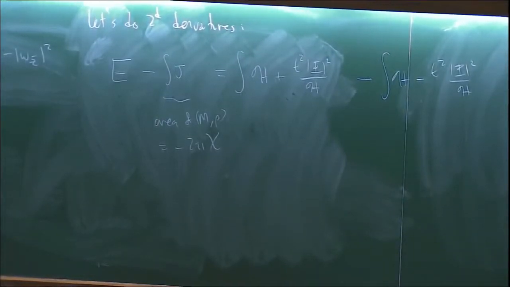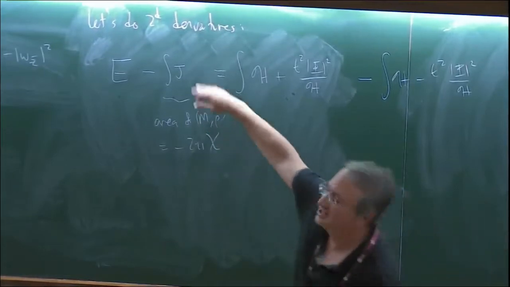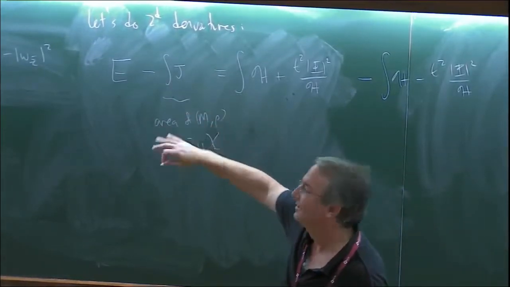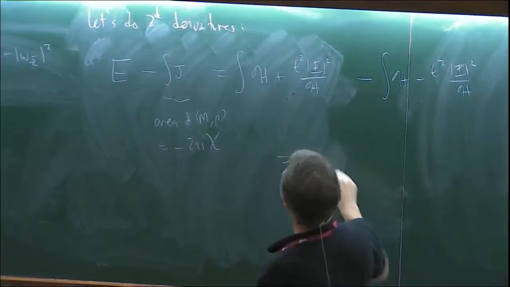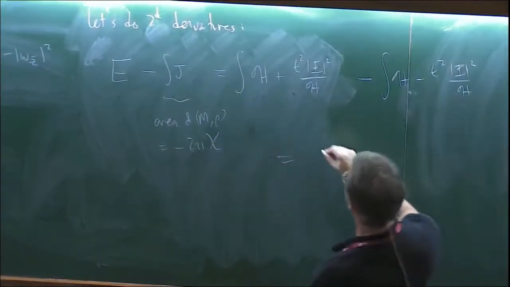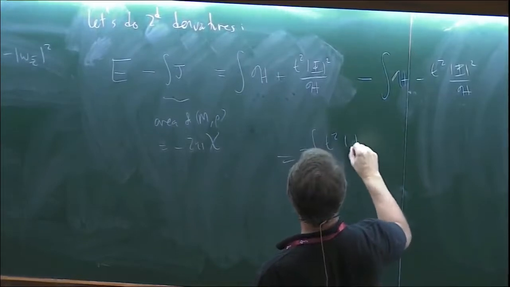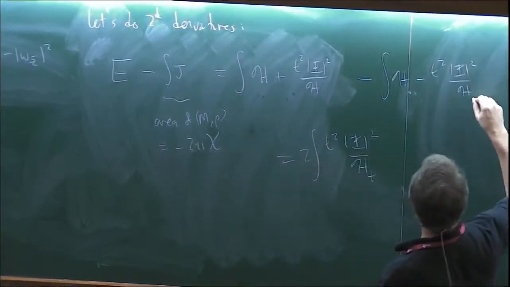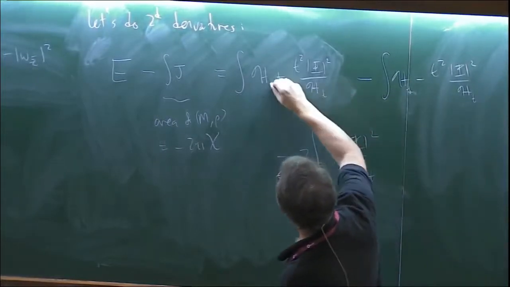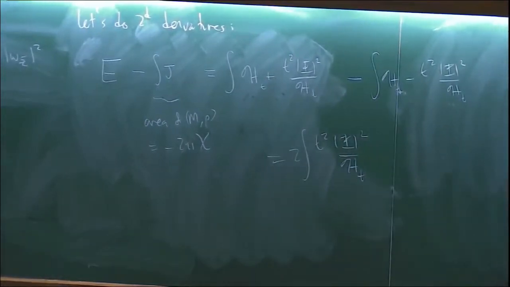It's always the same. So this is some constant. So the energy minus a constant is this, but now the h's cancel. So what do I get? I get 2 t squared v squared over h. There's t's in all of these.